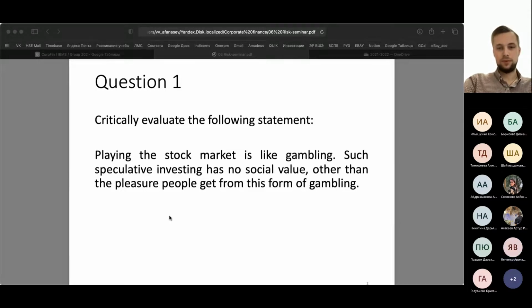Yeah, thank you. Diana, you also raised your hand. What do you think? I think that it's kind of gambling, yes, because people do it for their own value, for their own pleasure. Somehow it's very egoistic, but by doing these actions, they improve the state of the companies, which gives value to many people, as Aruzhan said.